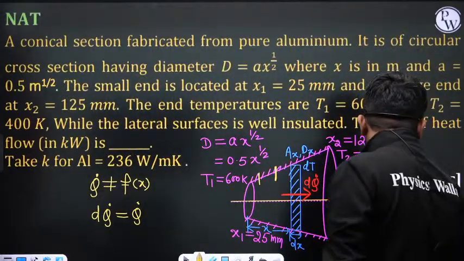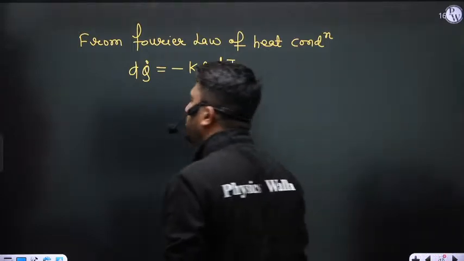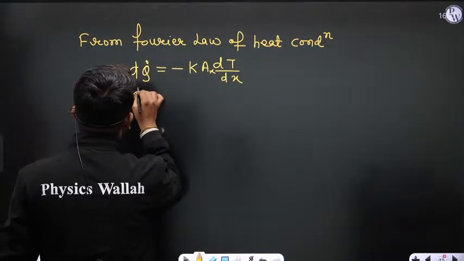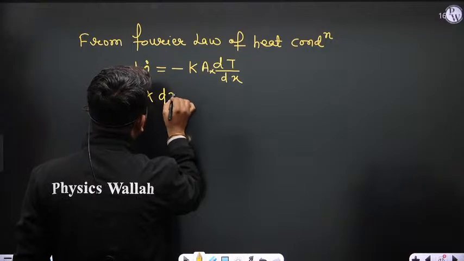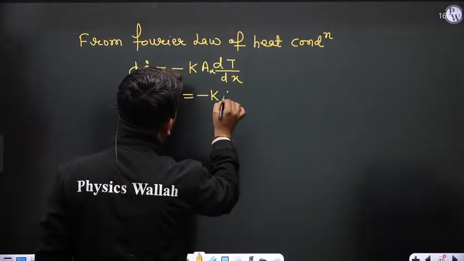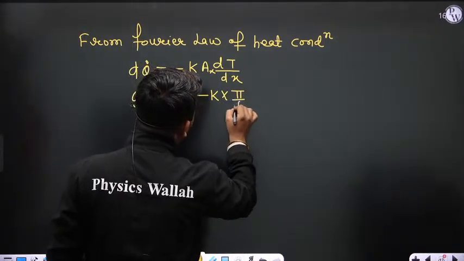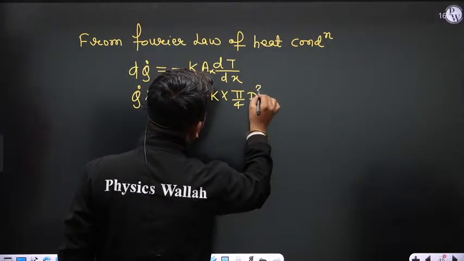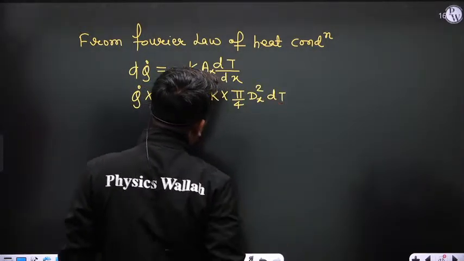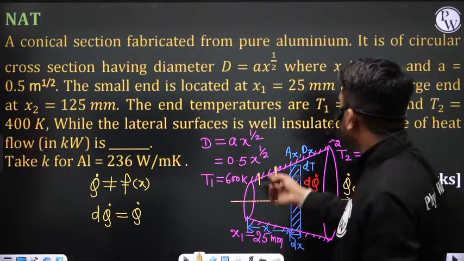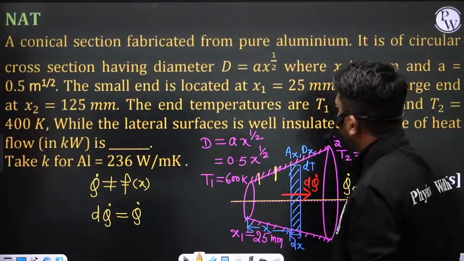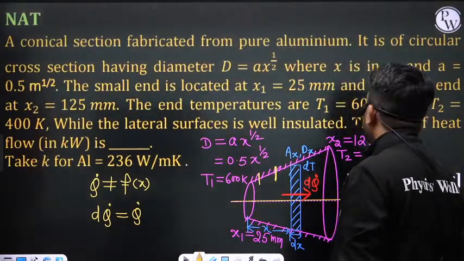Now see here, dq dot. So q dot into dx is equal to minus k into A_x, so this is pi by 4 d_x square, and this is dT. Now tell me what is d_x? d_x is equal to 0.5 x to the power 1 by 2.